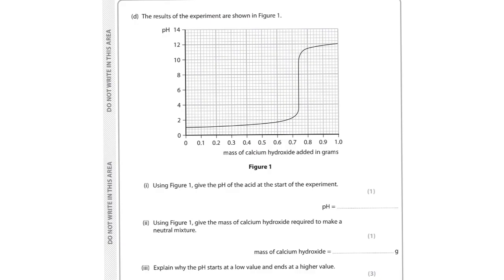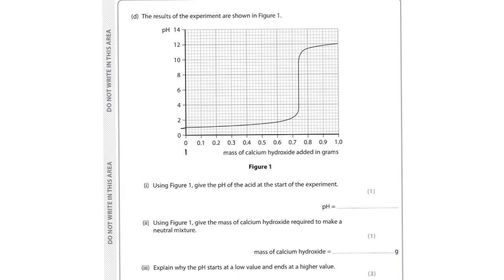Part D shows some results of the experiment on a graph. You've got the mass of calcium hydroxide along the bottom, and you've got the pH up the side. It says use figure 1 to give the pH of the acid at the start of the experiment. Well, the start of the experiment was when you hadn't added any calcium hydroxide, and the acid is going to have a low pH, but it's down here.